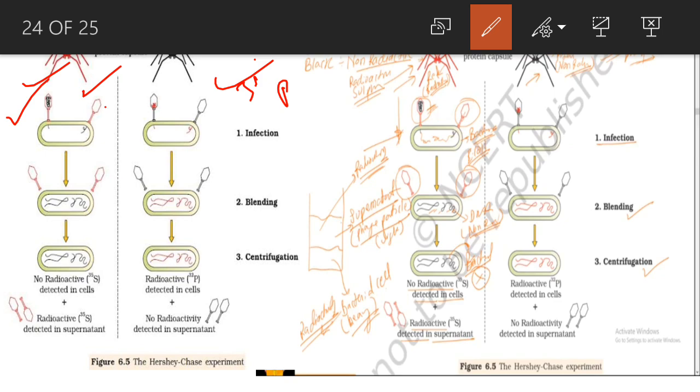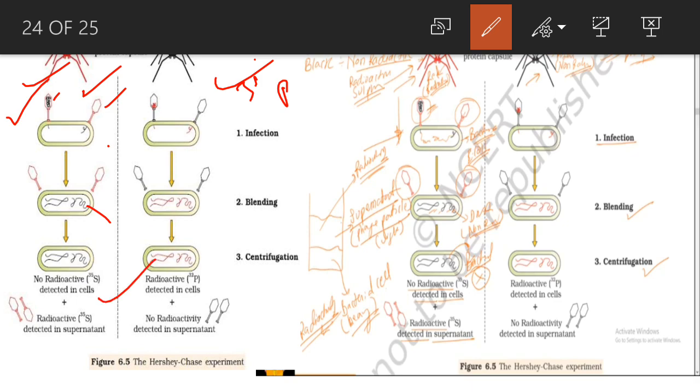When these bacteriophages attack the E. coli, the outer coat is labeled. The DNA is not labeled, because the outer coat has sulfur in it, so it becomes labeled. DNA does not contain sulfur, so it is unlabeled. Now the DNA has entered inside the cell, and no radioactivity is detected in the cells.